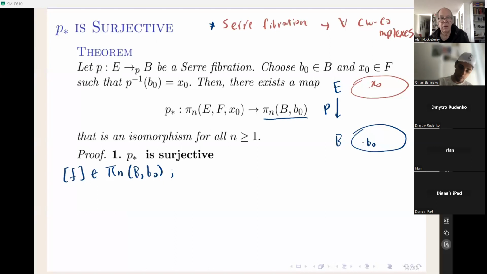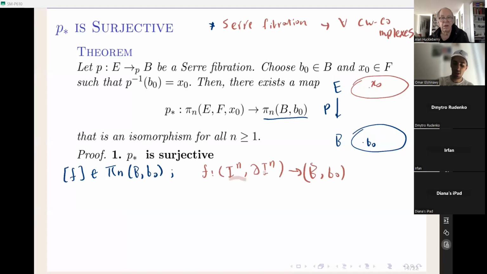Well, this is a map that looks like this. So it's a continuous map from I to the n to the base that we have here.